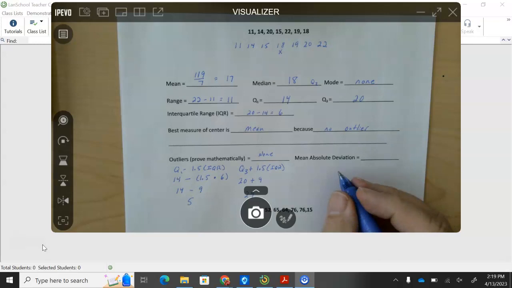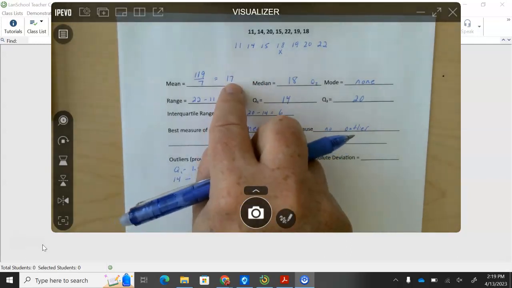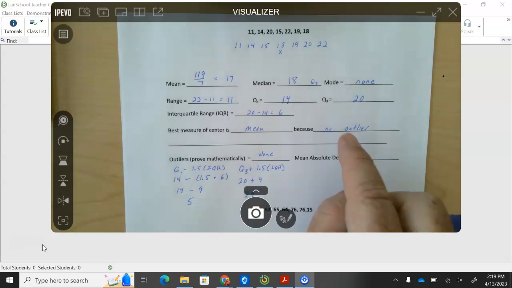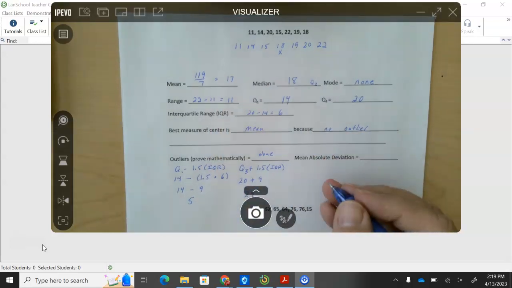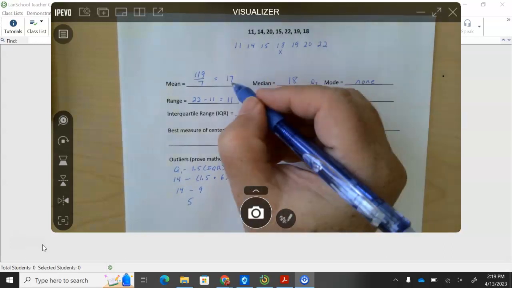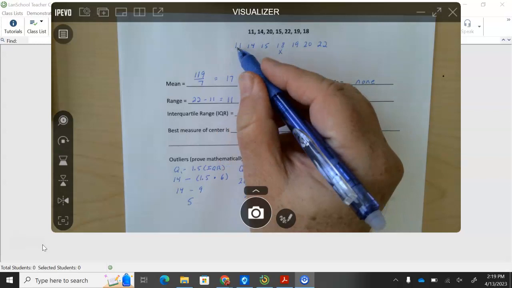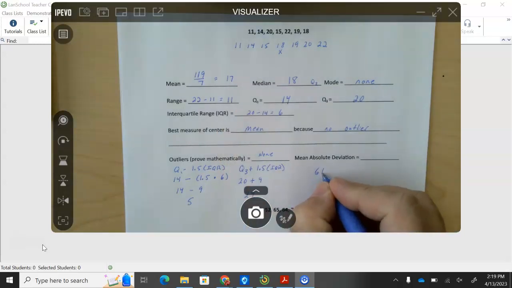All right, so we're going to move on to mean absolute deviation, which means we want the difference between each one of these numbers and our mean. So if I just subtract these as I go and figure out how far away, I can solve for the mean absolute deviation. So my mean is 17. How far away is 11 from 17? 6.